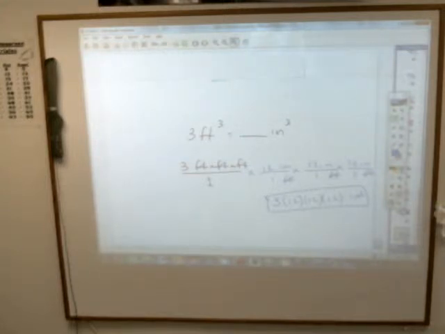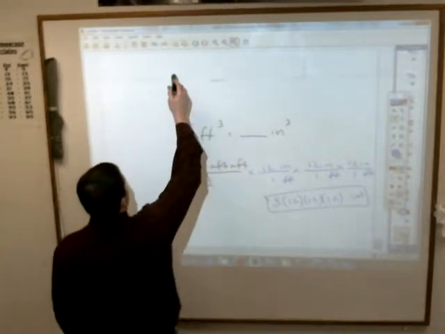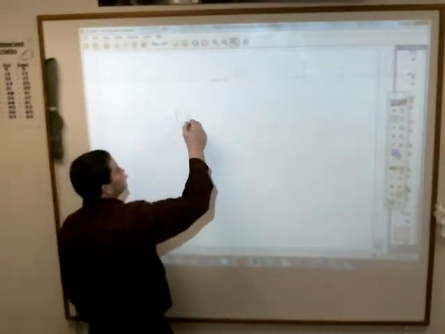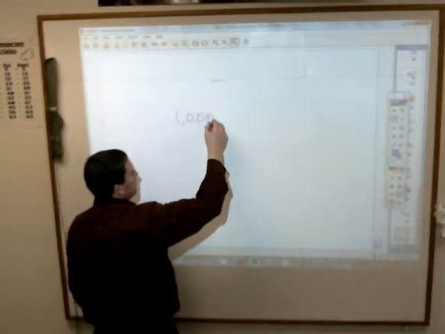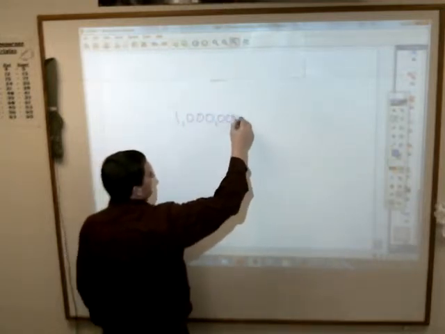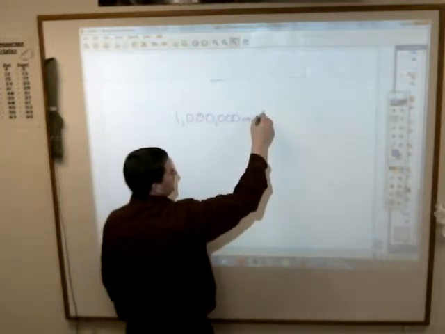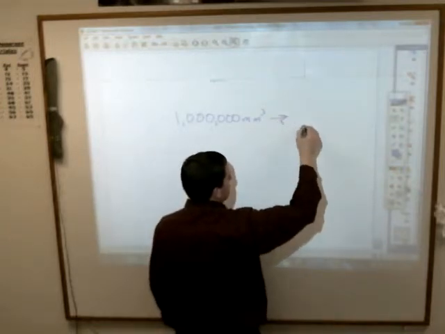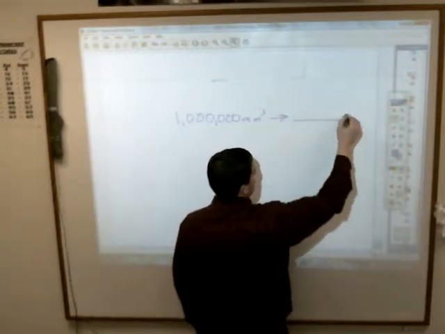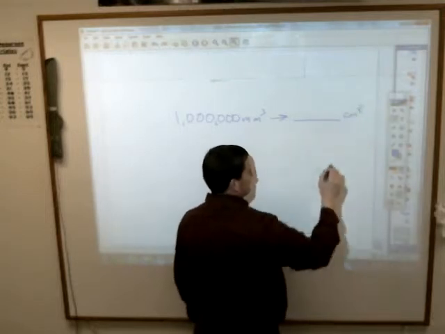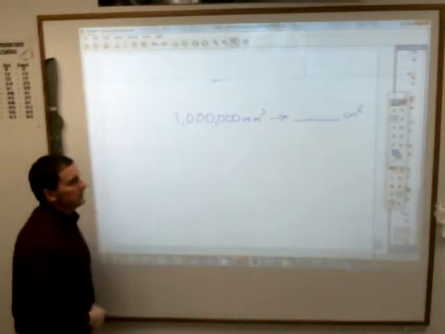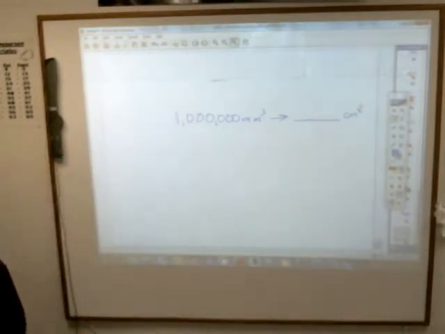So here, let me give you one. 1 million millimeters cubed, and I want to turn that into centimeters cubed. 1 million millimeters cubed turned into centimeters cubed.